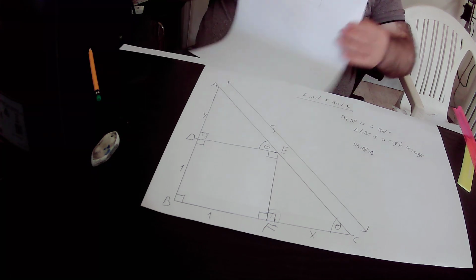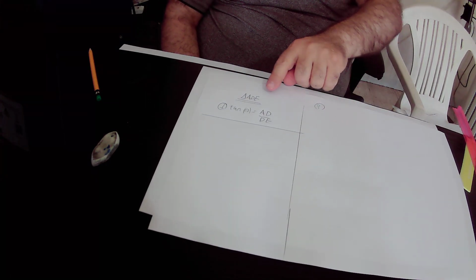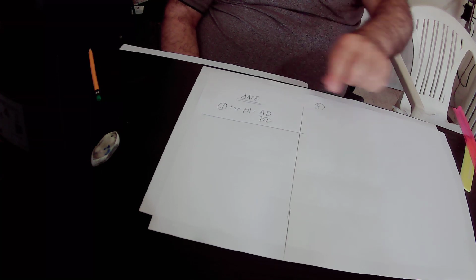I repeat again, on the right triangle ADE, we know that tangent theta equals AD over DE.